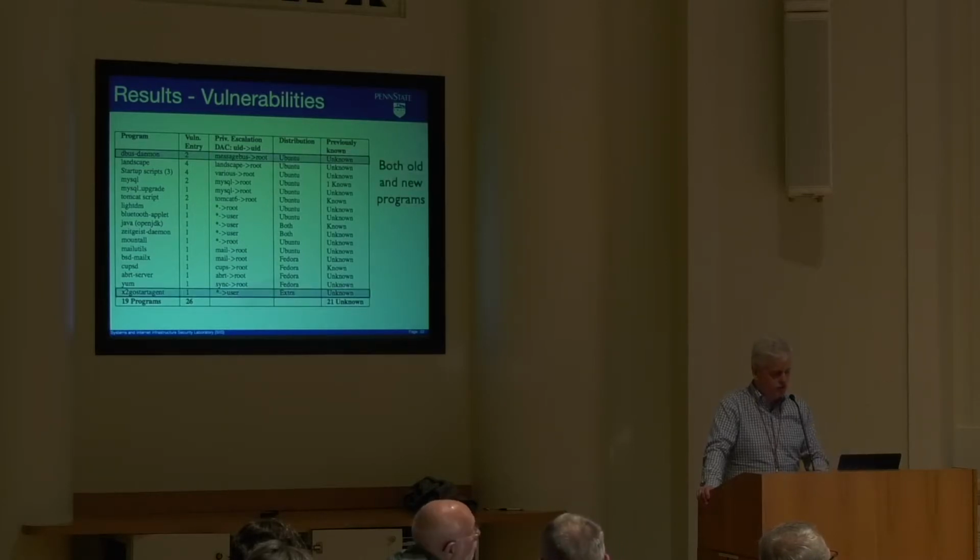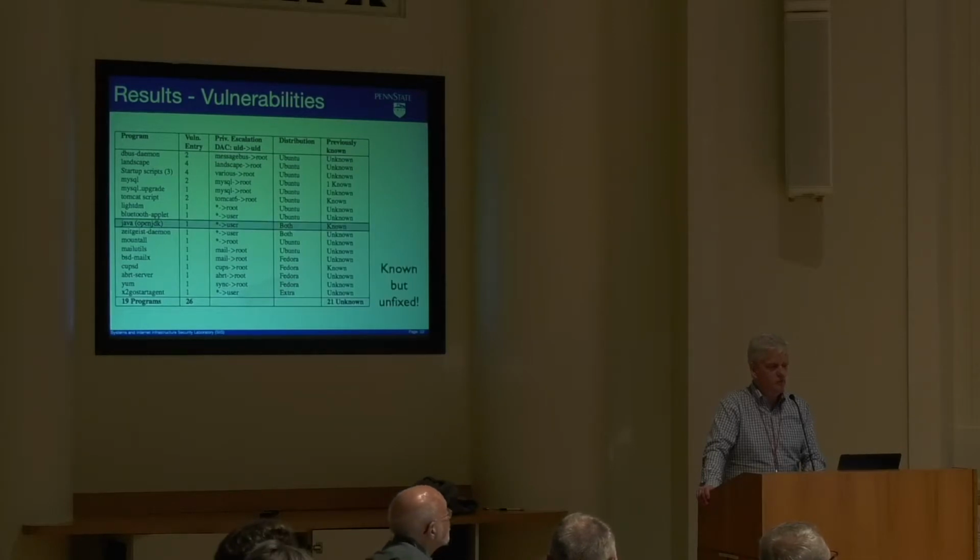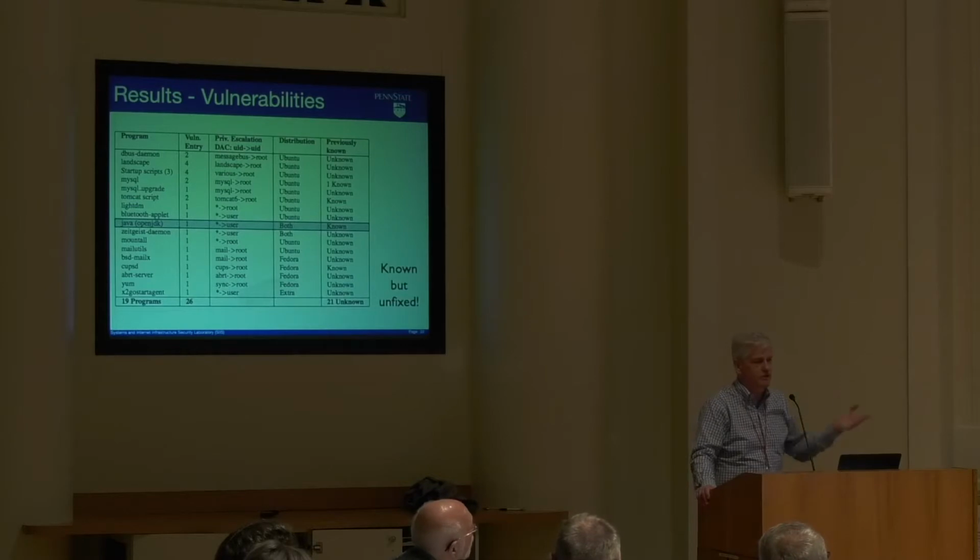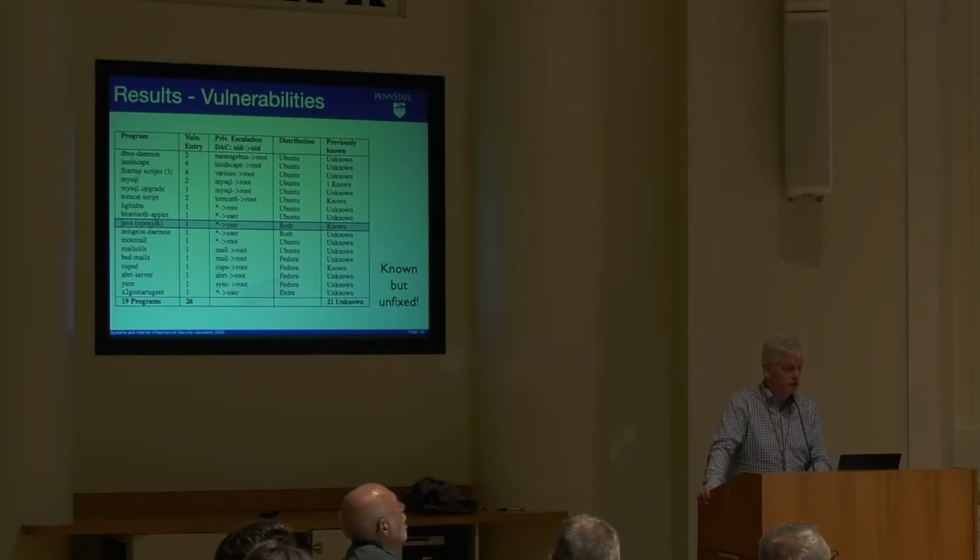There are some old and new programs. There are some programs that had CVEs already reported, but were still vulnerable to this problem. The vulnerabilities hadn't been fixed in that particular deployment. Some pretty old programs like the printer daemon, for example, had these.